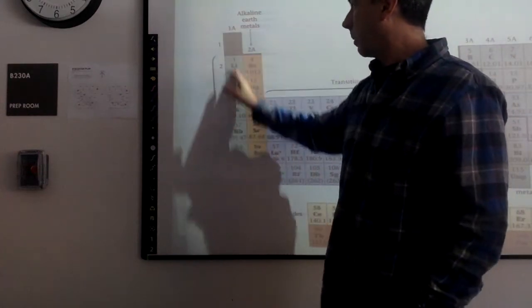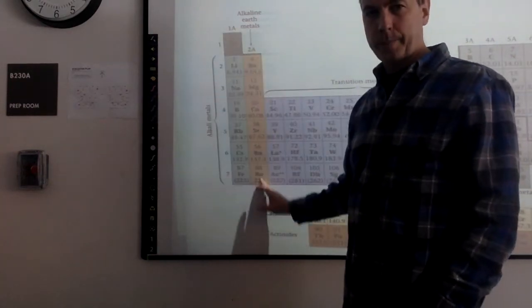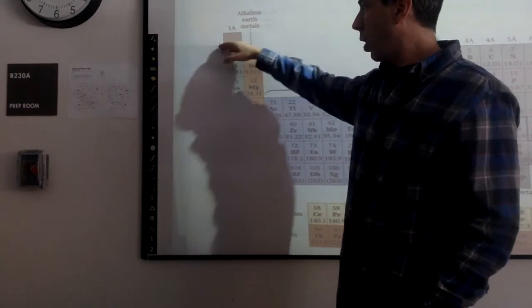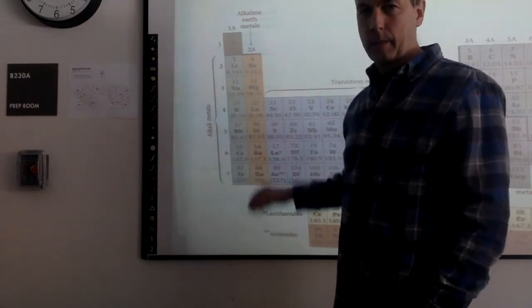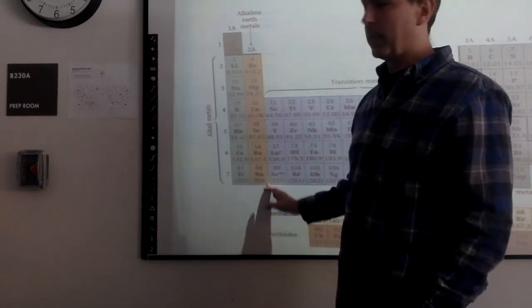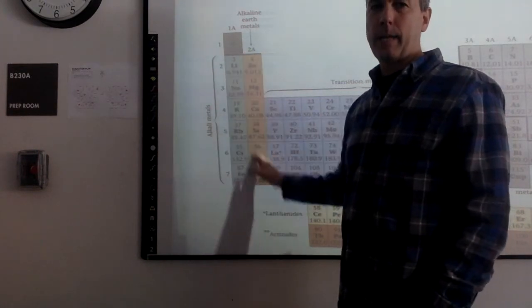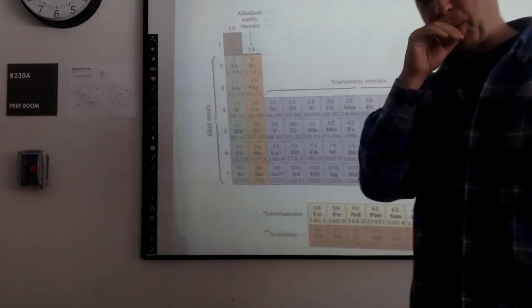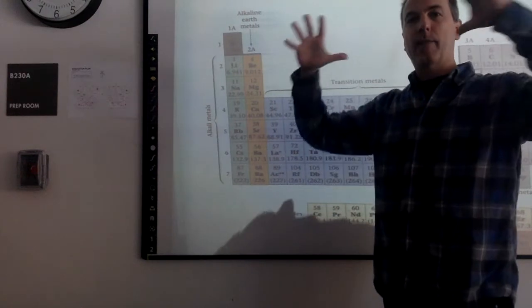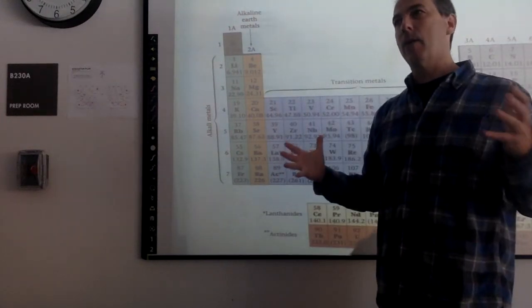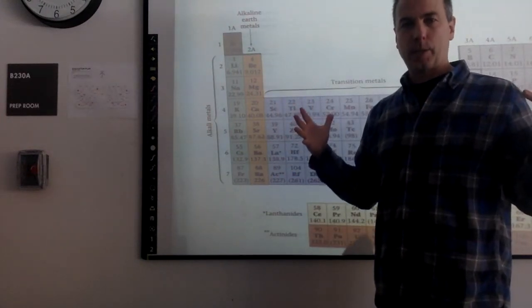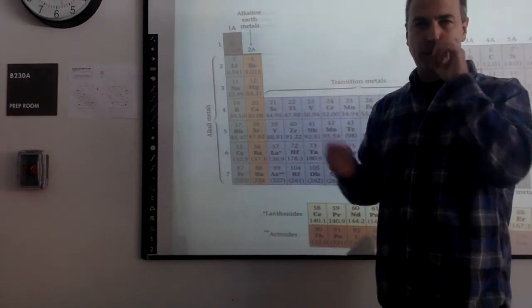The columns, right, are called groups, and the rows can be called periods, right? So these groups or families of elements, why is it important to identify a column? Because they have similar chemical properties, because they present on their outer layer a similar electron structure. And remember how I said it's the electrons that drive everything.